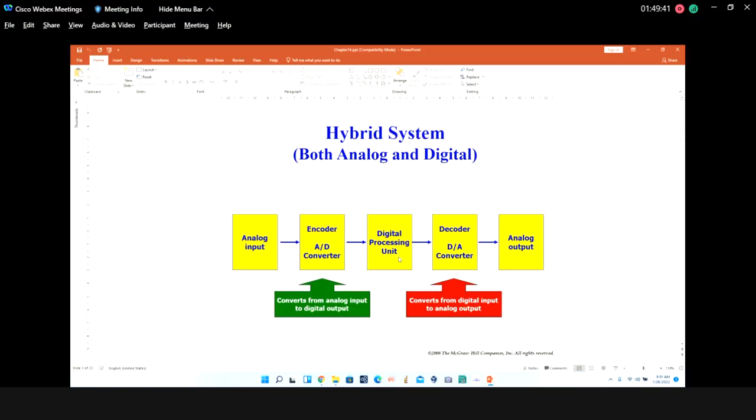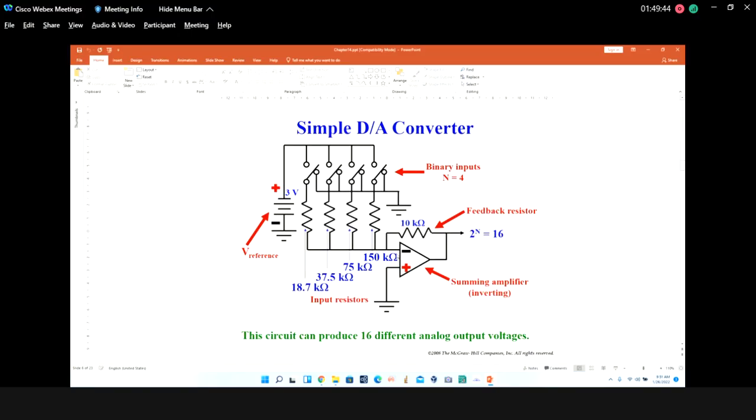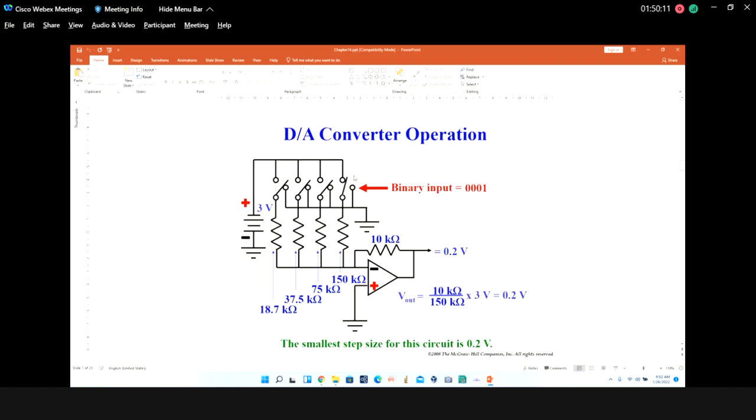You can read from the textbook, but I will give a brief introduction. What we are going to learn is related to using the op-amp that we learned at the beginning, before mid-semester. So we have binary input here. This is a digital to analog converter.